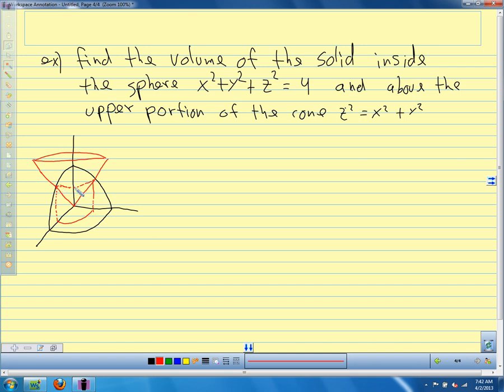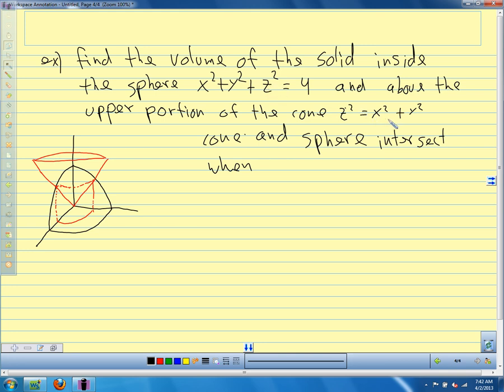We need to figure out where these two surfaces intersect to find our region in the xy plane.